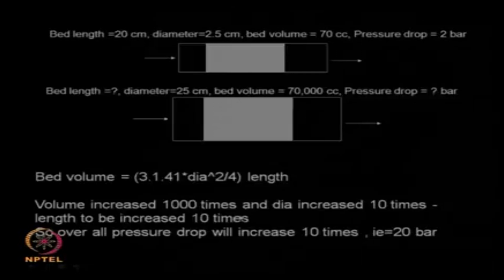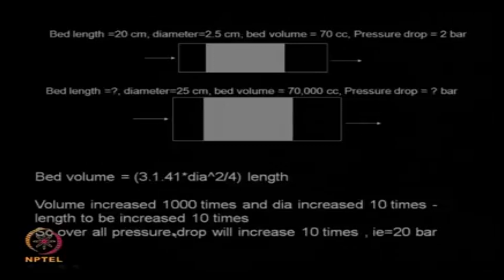So the length has gone up by 10 times, that means pressure drop will go up by factor of 10, but my diameter also has increased by 10 times, that means the pressure drop will go down by a factor of 100, right, square. So because of the diameter my pressure drop will go down by 100, because of the length my pressure drop will increase by 10 times.